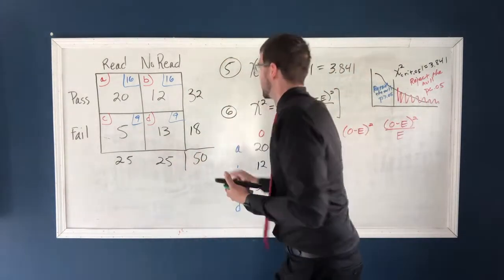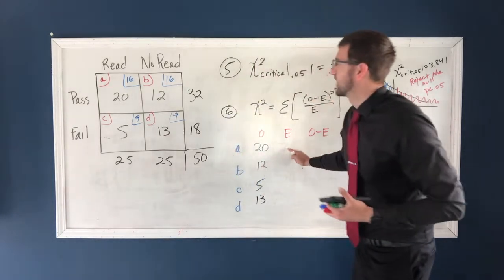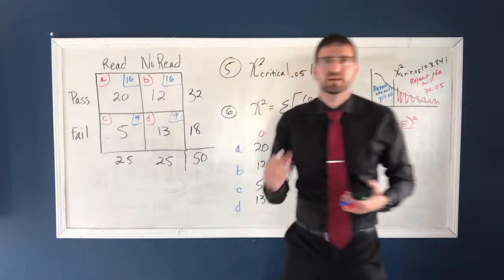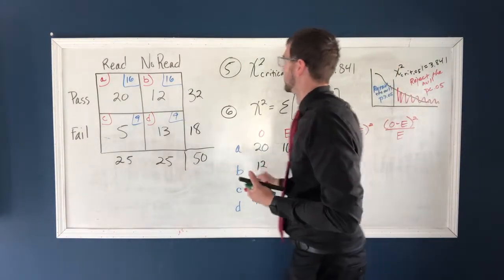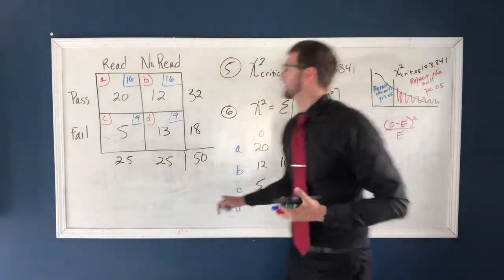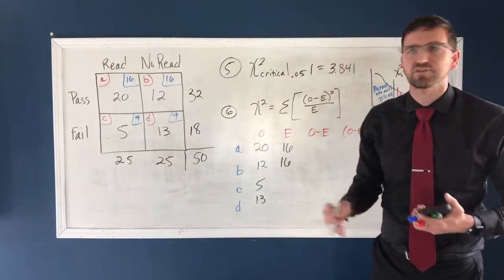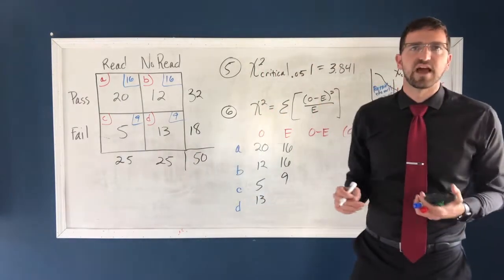For cell D, it's 13. Now for cell A, what's the expected value? We found the expected value to be 16. For cell B, 16. For cell C, 9. For cell D, 9.